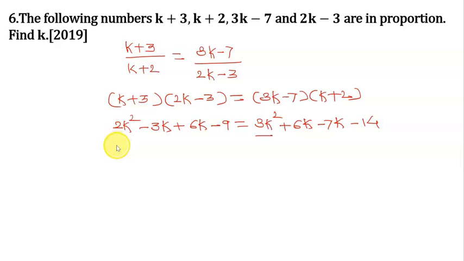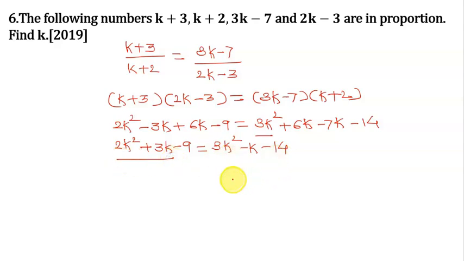Next, on the left we have 2k square, minus 3k plus 6k gives 3k, minus 9, and that's the left hand side. On the right hand side, 3k square, 6k minus 7k gives minus k, minus 14.